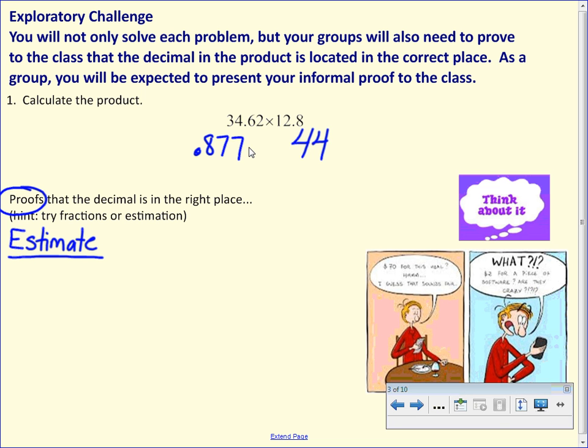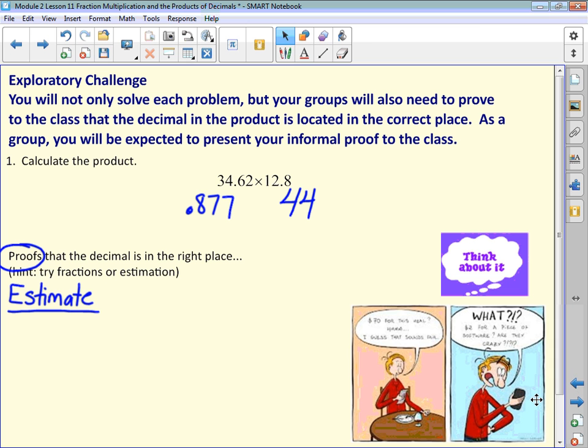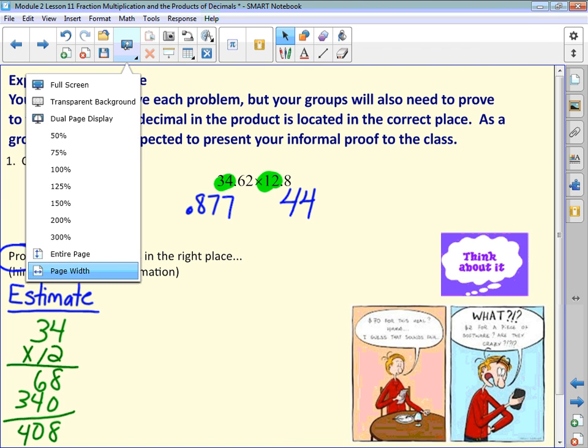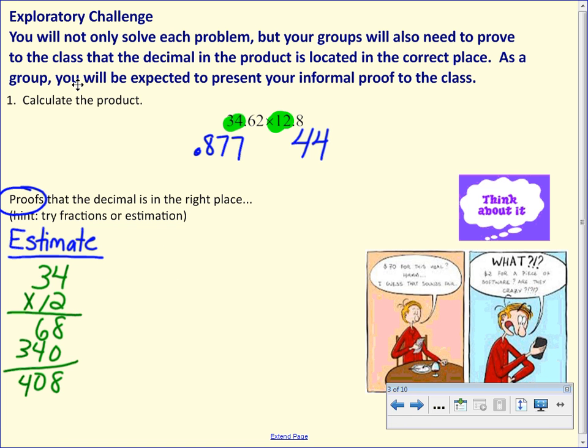So let's just take a look at the whole numbers that we have here. I have 34 and 12. So let's estimate 34 times 12. If I use estimation, I see that my answer should be about 408.